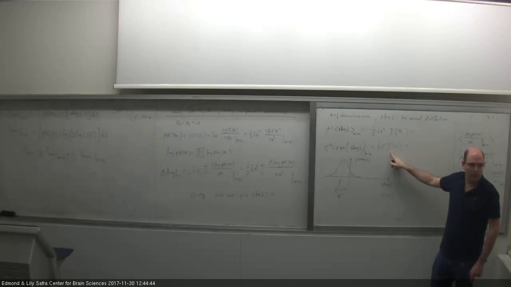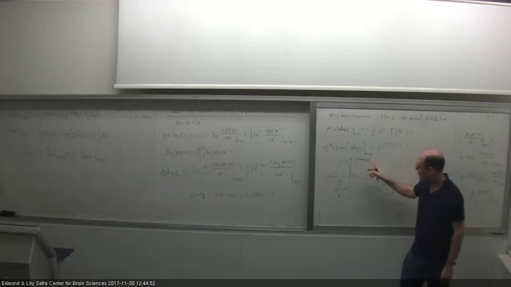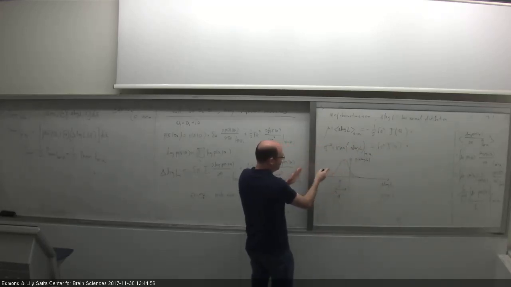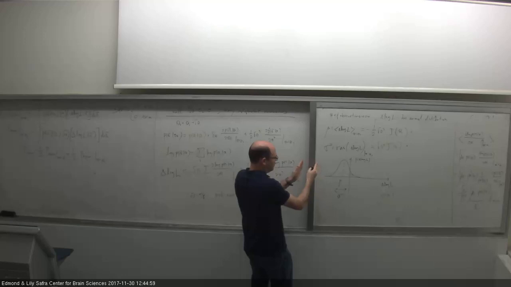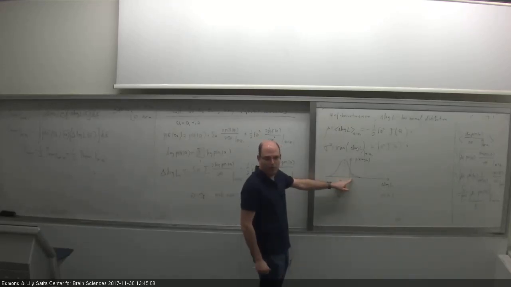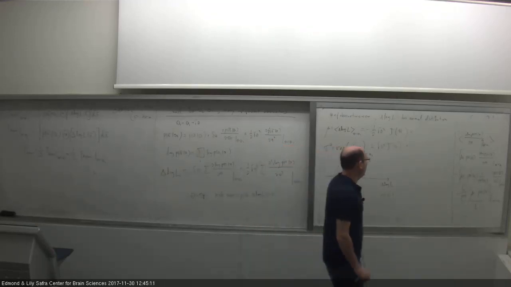But that means that the standard deviation only increases in proportion to the square root of n. So as the number of observations becomes larger and larger, this Gaussian gets shifted to the left, and the width of the Gaussian becomes smaller relative to its mean. And therefore, the probability of error will become smaller and smaller. Okay? Now we can write down what it is explicitly.